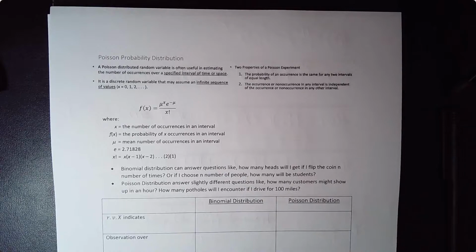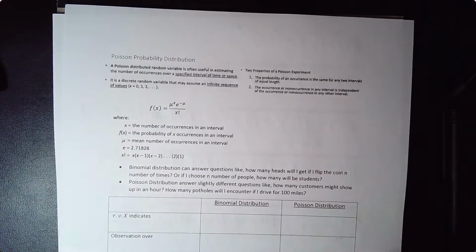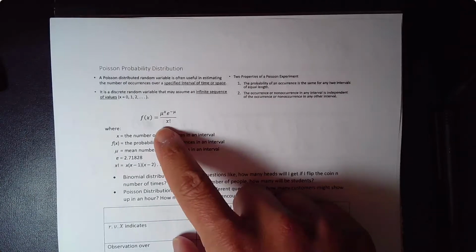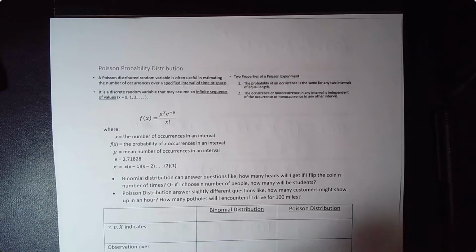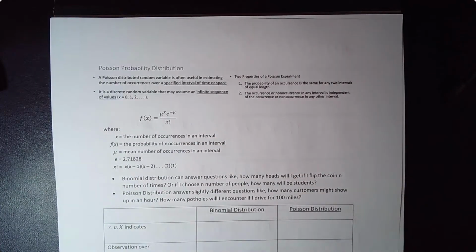All right, the next probability distribution that we're going to look at is the Poisson probability distribution. And just as with the binomial, if you observe a random experiment that has the following criteria, then it is convenient to use this model to model that experiment. Now, what is a Poisson distribution?